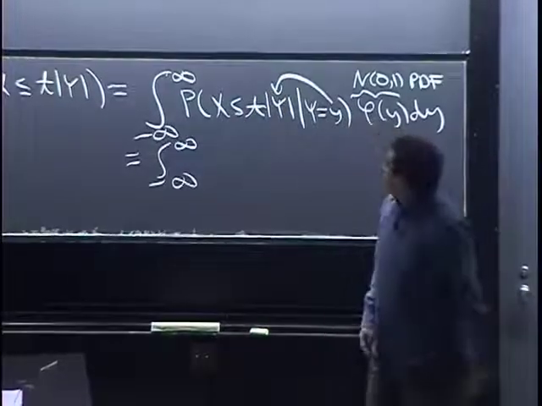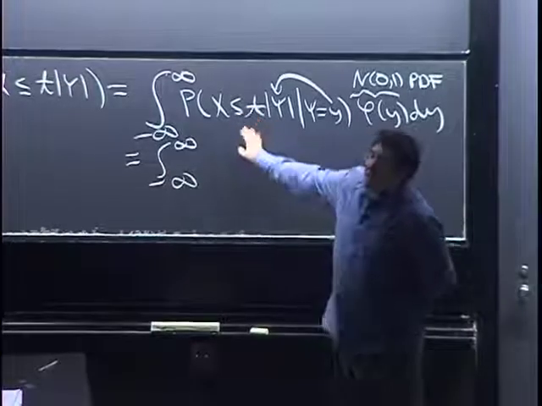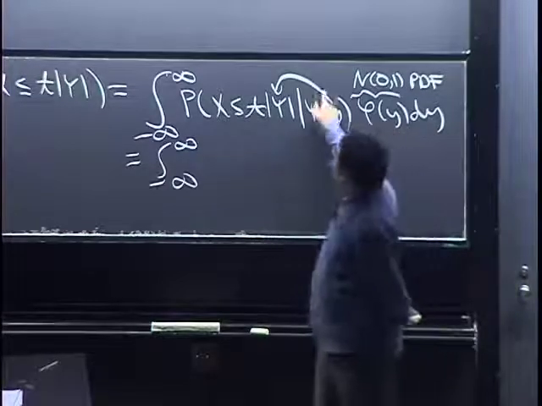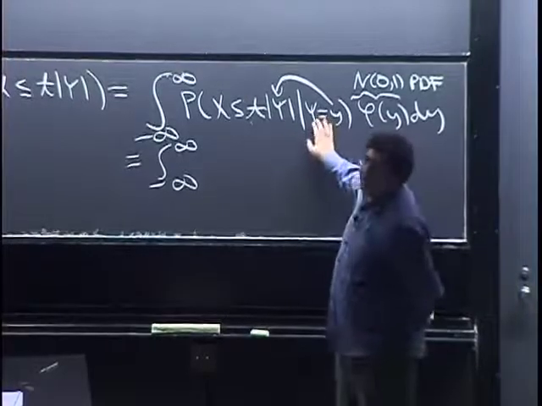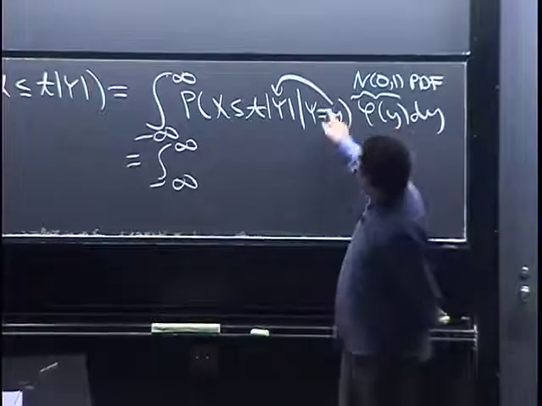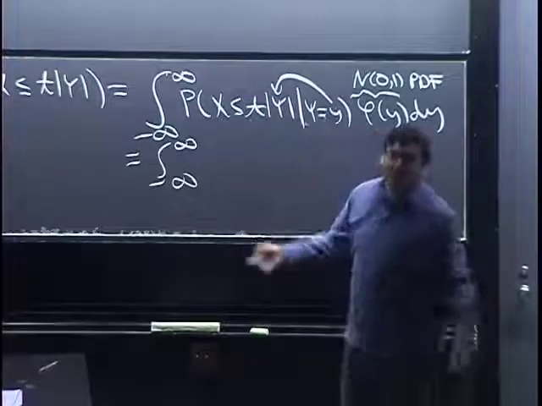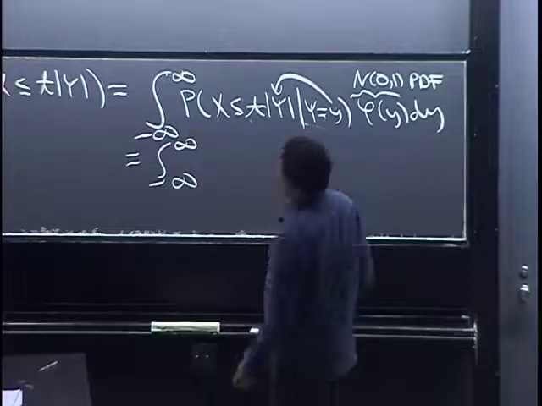little y there. And then the tricky part here is that we need to use the fact that X is independent of Y. Because if X and Y were not independent, you could plug this thing in, but then you still have this condition, okay? But since they're independent, you can plug in Y equals little y, and then get rid of the condition. So that's just going to be Phi.